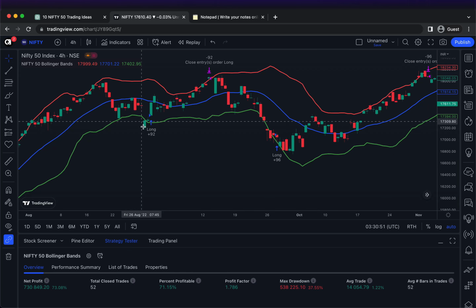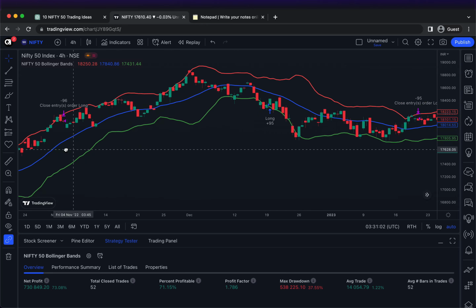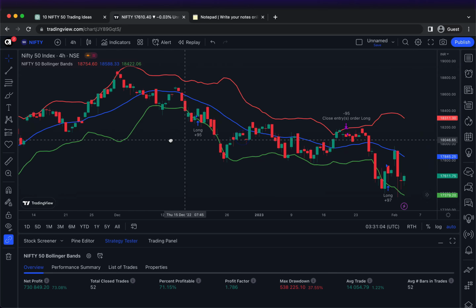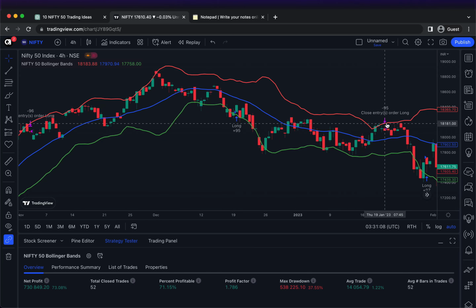So it's very simple here, we bought, you see, and then here we sold, and then again it touched the bottom, and here we sold when it touched the upper band. But sometimes it's giving false results. You see this situation when we bought and we sold on the lower level.